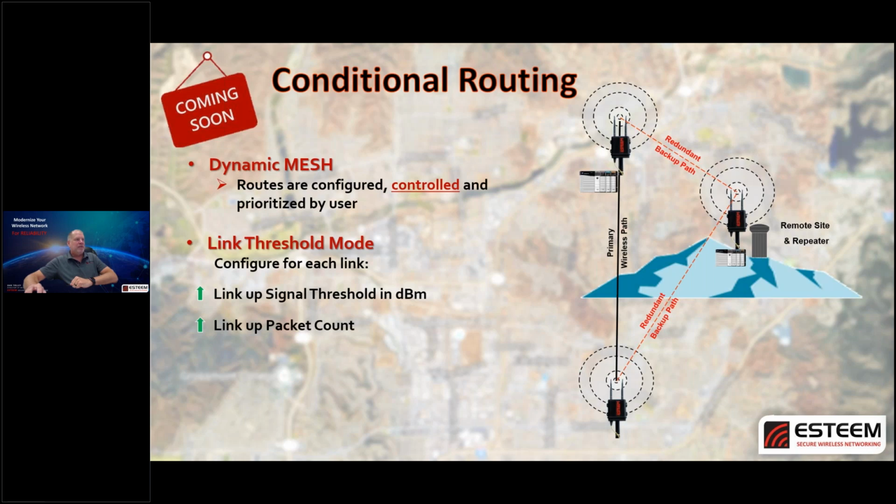Okay. We can also say how many packets I need to have to bring that link up. So instead of it being the bare minimum, I can say I don't want this to be good unless we have a signal strength of, say, -70 dBm. Right? So now we can start to control that network. On the flip side of that, we can also set the threshold of what takes that link down and would force it to that redundant pathway.